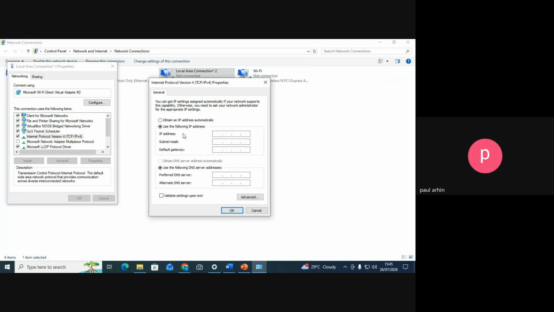Now look at this one. Either I obtain an IP address automatically, or I use a particular one that I will enter myself. If I say use the following IP address, it means I must be the one who enters it here: 192.168, then maybe 102, then 22.